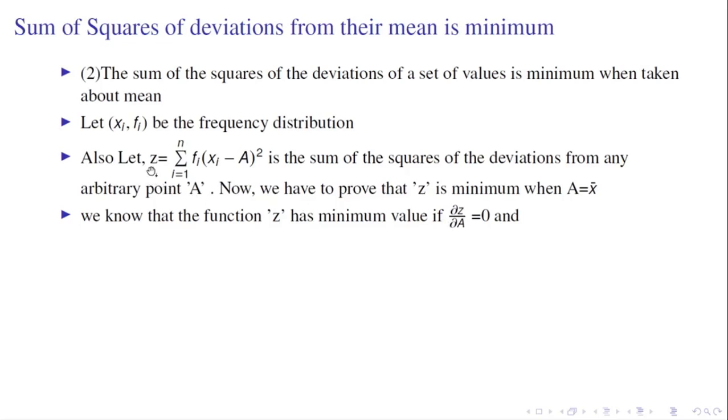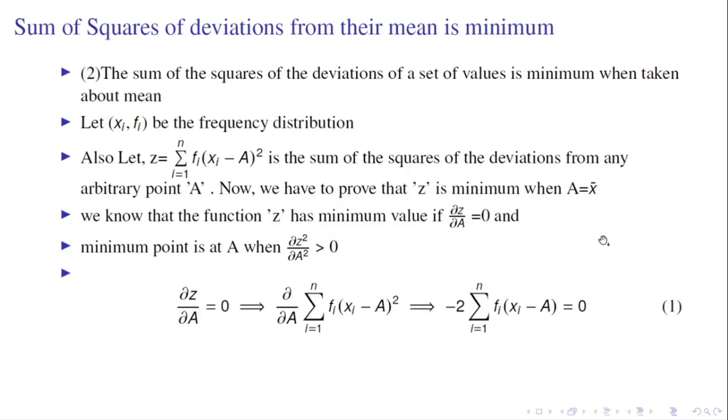If dz by da is equal to 0, then the function z has minimum value, and according to maxima and minima, the dou square z by dou a square also must be greater than 0. To prove that a function is minimum, the function has to satisfy these two conditions.